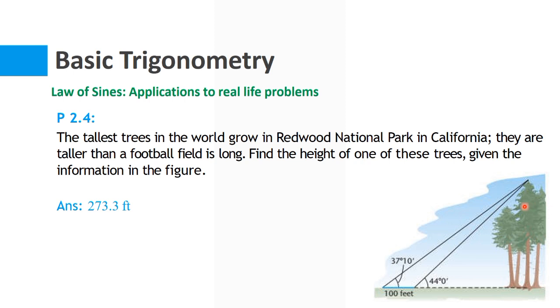You have been provided two angles of elevation, 37 degrees 10 minutes and 44 degrees 0 minutes, and the distance between these two points is 100 feet. So you can find the height of this tree very easily, and the answer to this problem is 237.3 feet.